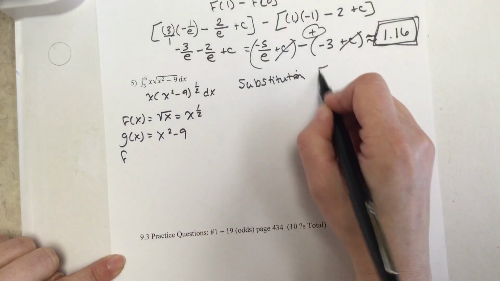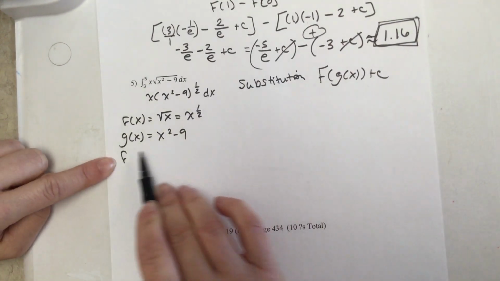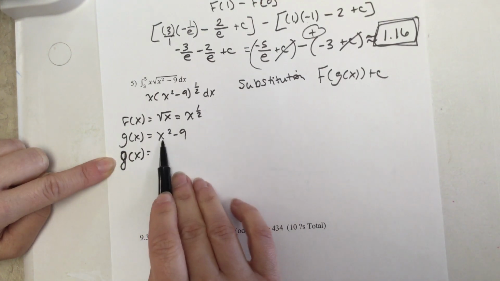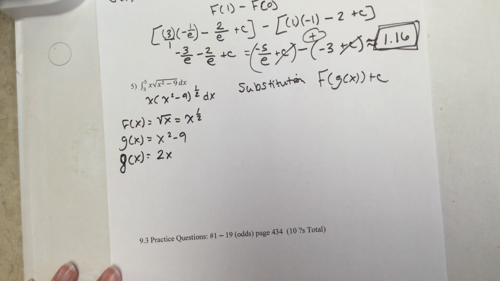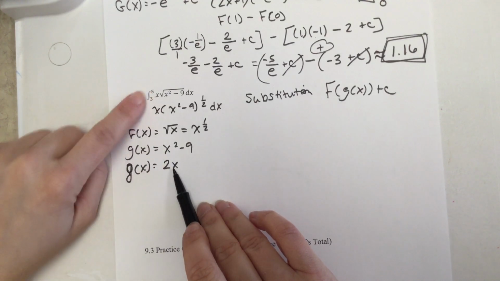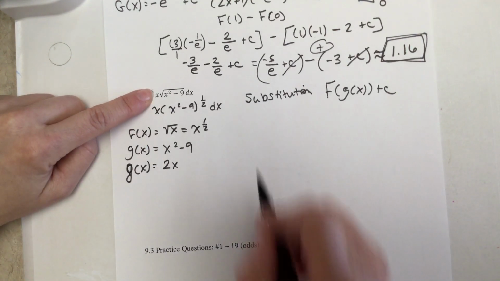Now, substitution, remember, here's our rule for substitution. So I need the derivative of g of x. The derivative of g of x is 2x. So hold up. We have another problem here, okay? So I know that this is really a 2x here, but I'm only seeing a 1x. So how did the 2x get changed to just an x?